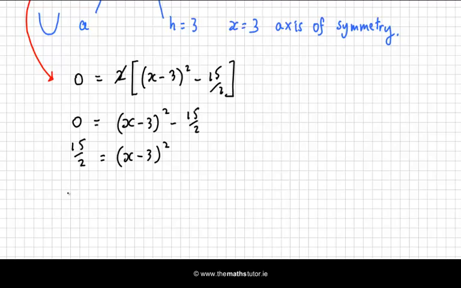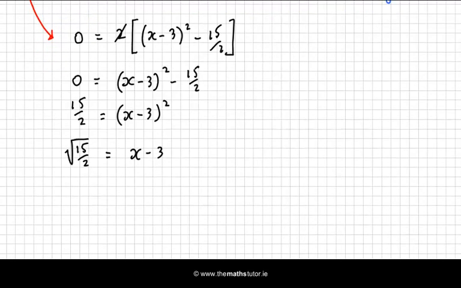And now get the square root. And the next step is just to add 3 to both sides. So we have 3 plus or minus the square root of 15 over 2 is equal to x. So these are the roots.